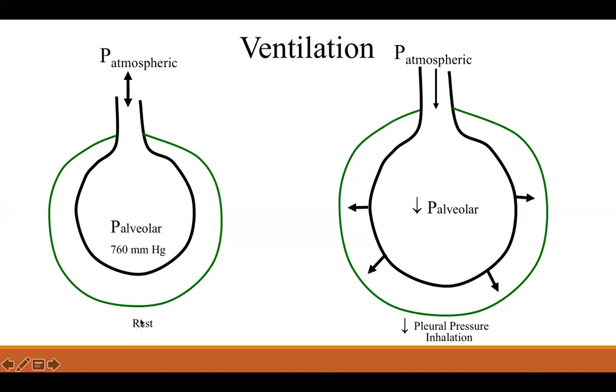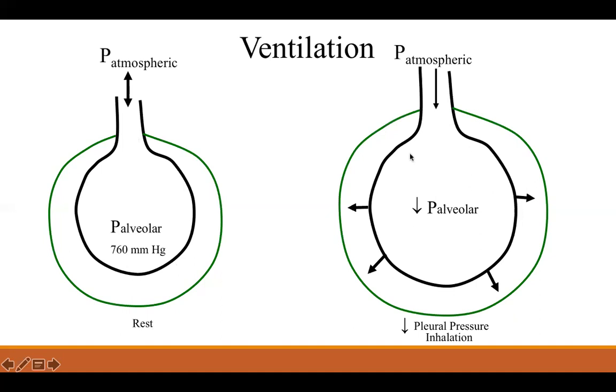All right, it's not like the lungs would rest forever. It's just a brief pause between inspiration and expiration. So whenever the pressure within the lungs matches the pressure in the atmosphere, there is no gas exchange. So the arrow is not going in, not going out. So it's just called resting situation.